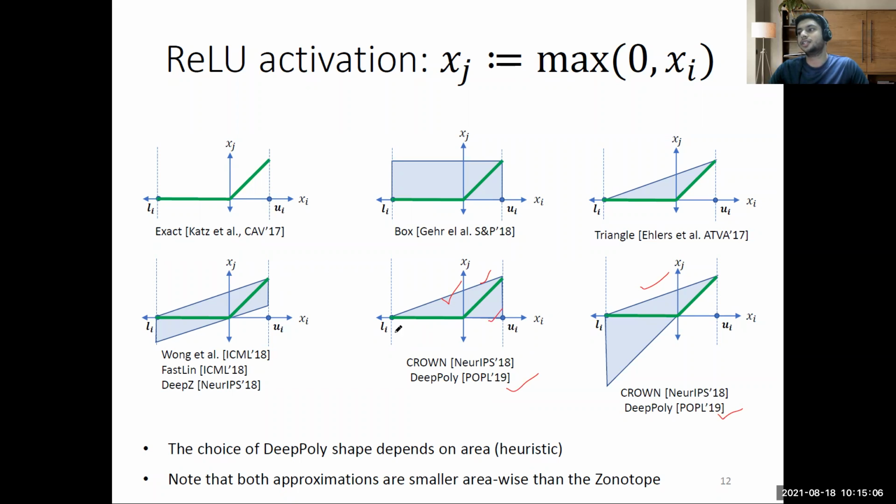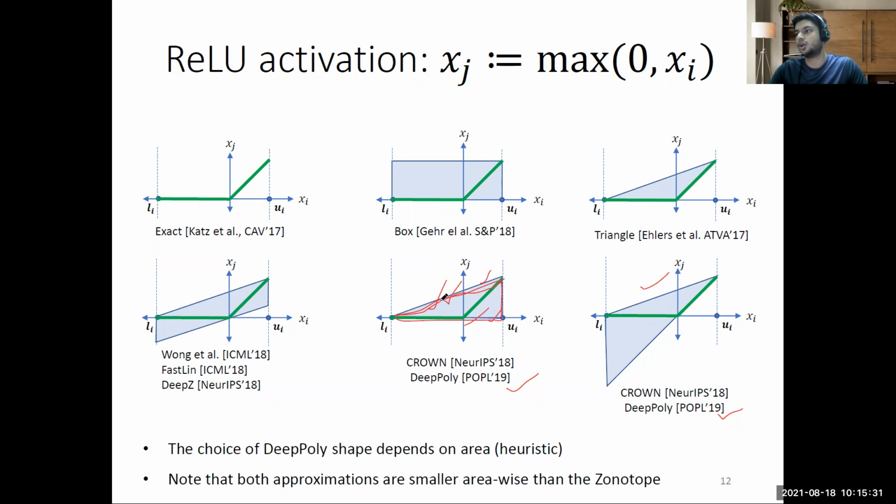And this is why, if you think about it again, we have defined the affine transformation using relational constraints, because at the end we wanted to define a ReLU transformation using this shape, and to define this shape we need these two constraints.